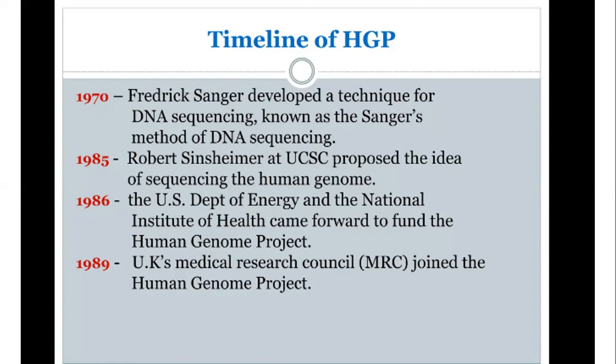In 1985, another scientist, Robert at UCSC, proposed the idea of sequencing the human genome. Then in 1986, the US Department of Energy and National Institute of Health came forward to fund the Human Genome Project. In 1989, the United Kingdom Medical Research Council joined the Human Genome Project.